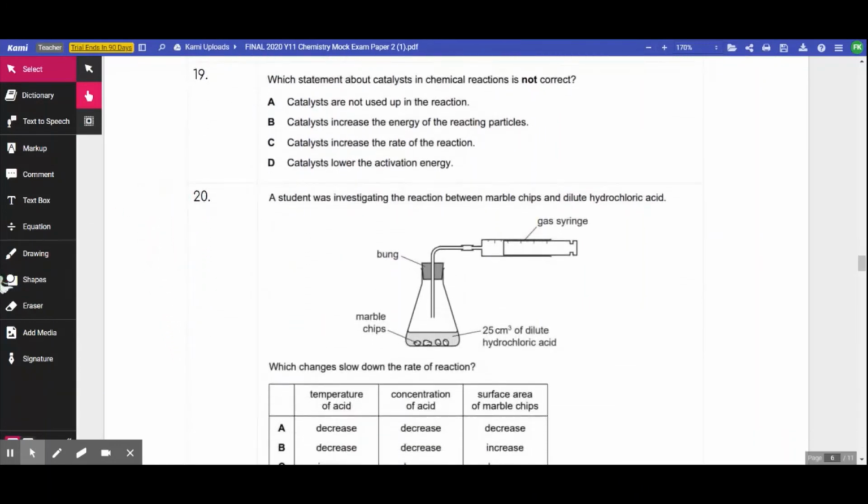Whereas with this one, question 19, we had less than 40% picking the right answer.